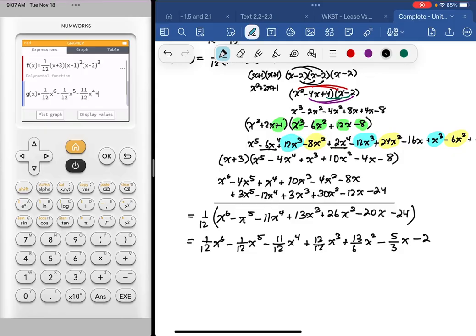Hopefully it's not anything too catastrophic. Just be careful how you type it in, because I've made a mistake or two in my day where the math was all right. It's just how I typed it in the calculator that was the problem. So I'll give it a second look here.